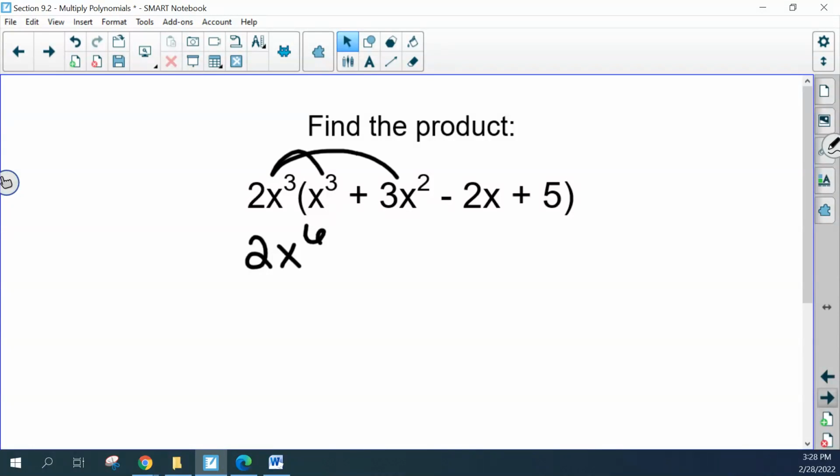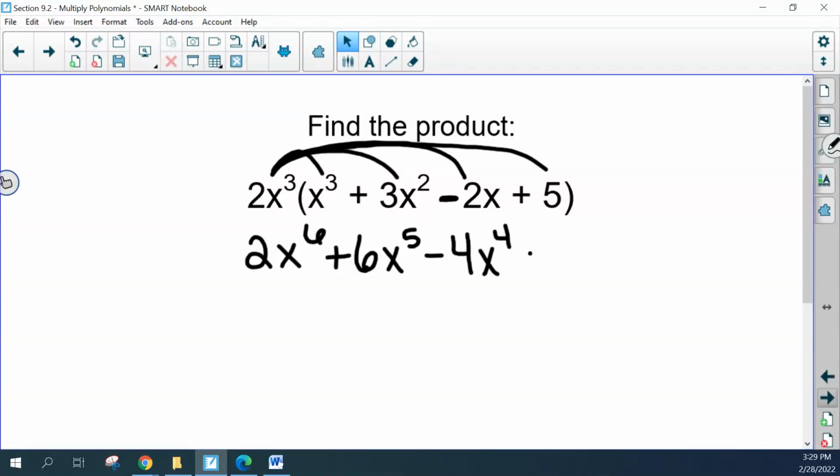And then 2x cubed times 3x squared would equal 6x to the fifth. 2x cubed times a negative 2x would equal negative 4x to the fourth. So don't forget that this sign right here to the left has to be multiplied as well.